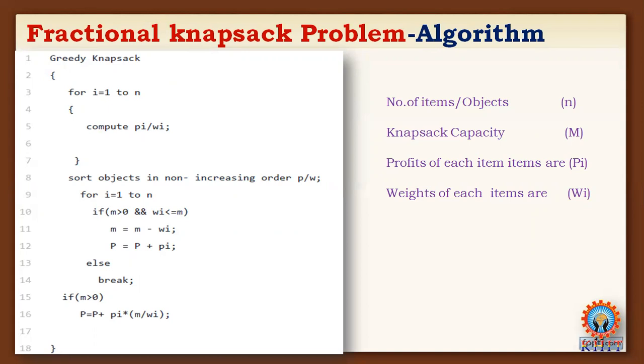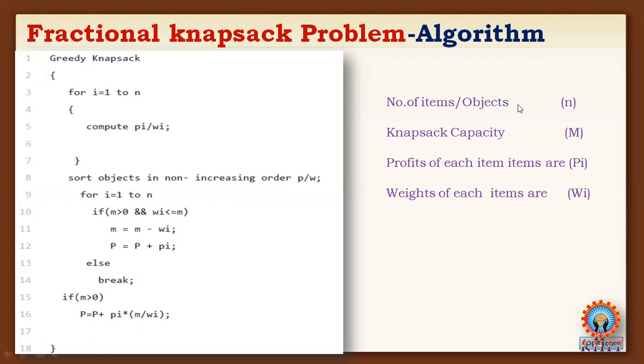Now we will see how to write a step-by-step procedure for the knapsack problem, the fractional knapsack problem. In the knapsack problem, the total number of items can be specified.